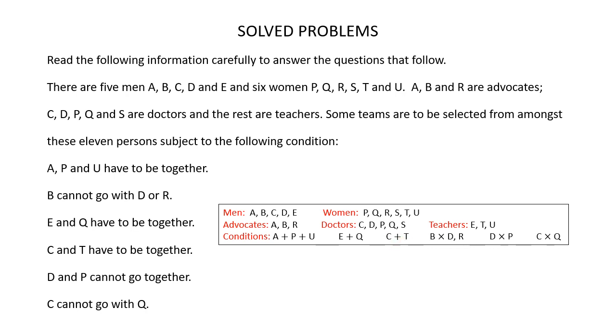Now we'll use the cross sign to indicate that the persons cannot be together. So you can see here that B cannot go with D or R. Also D cannot go with P. Similarly, C cannot go with Q.